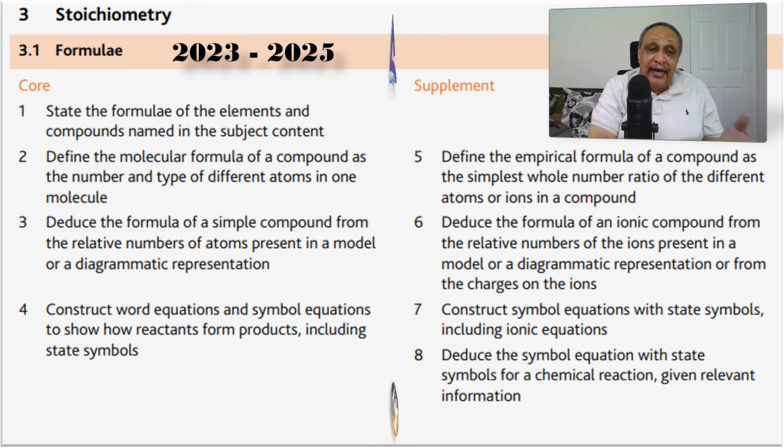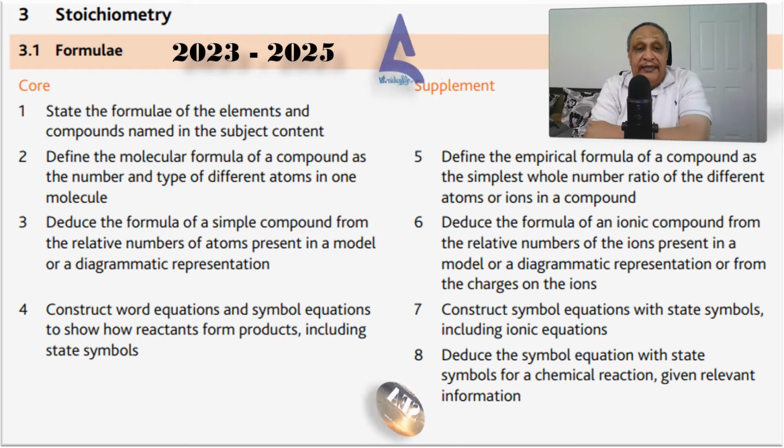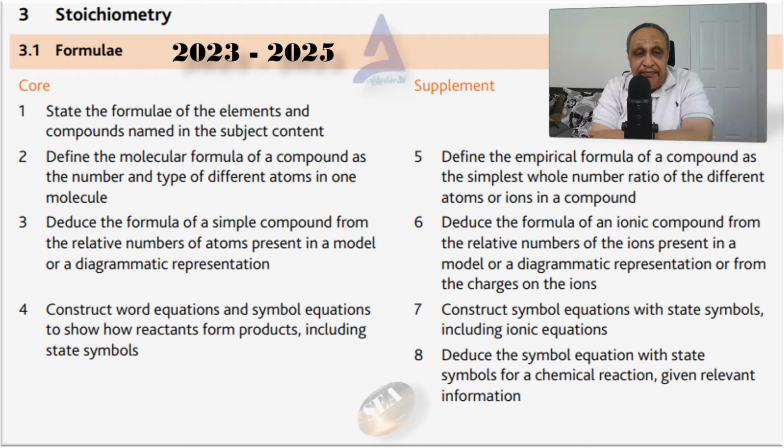We have 4 items for the core. State the formulae of elements and compound names in the subject content. Define the molecular formula of a compound as the number and type of different atoms in one molecule.